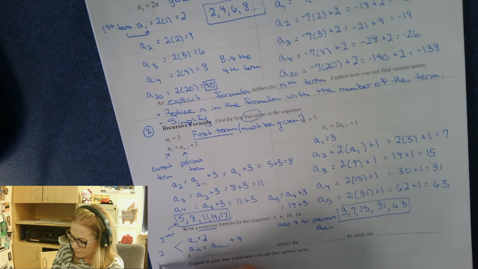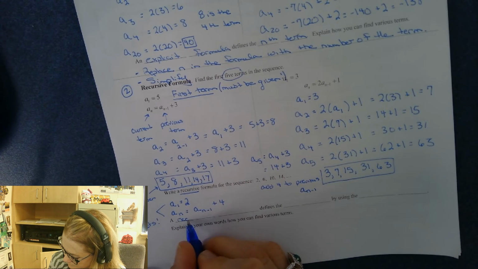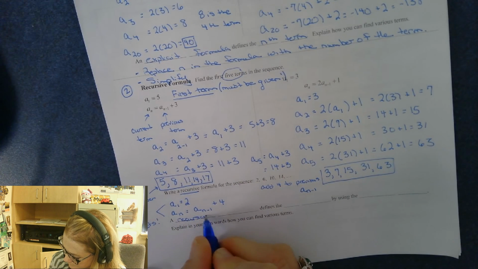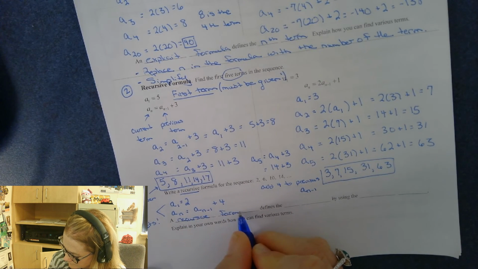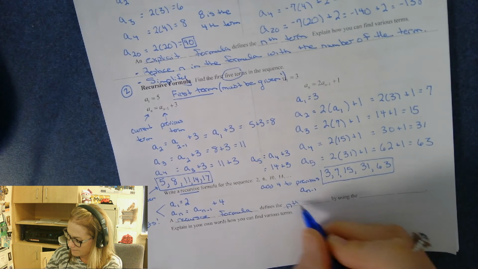All right, so 2 parts always when you write a recursive. Okay, and we're almost done here. So a recursive formula defines the nth term by using the previous term.